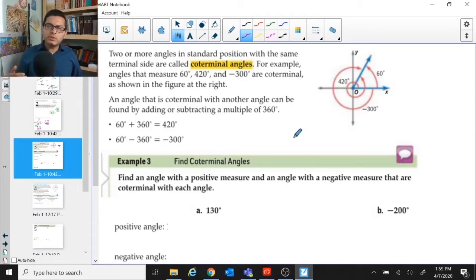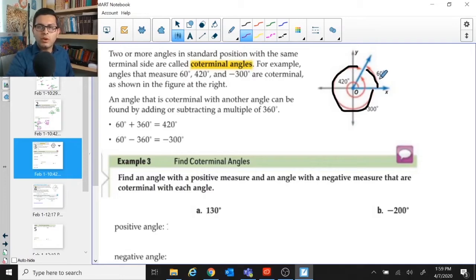So how do we answer a question that is asking for coterminal angles? Well, that goes back to how we found those coterminal angles in the first place. If we have a particular angle, for instance, let's look at this diagram right over here, this angle could definitely be 60 degrees. However, it could also be negative 300 degrees.